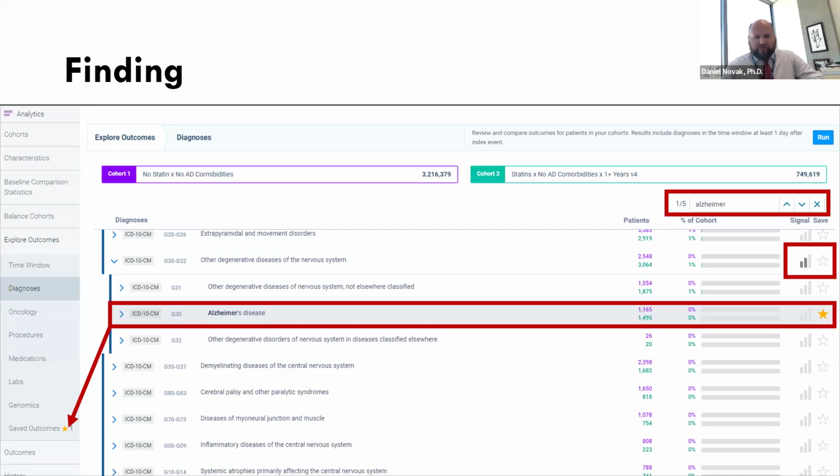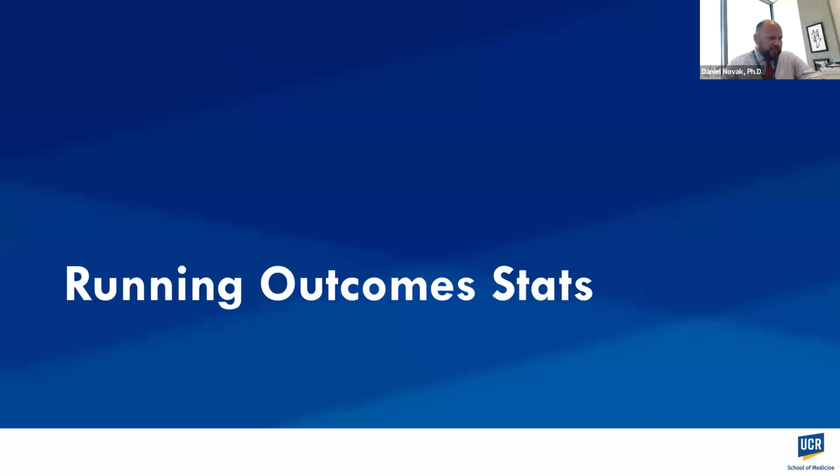By using this compare outcomes tool, you can star a bunch of stuff and add it to your final outcomes analysis later really easily. So that's your explore cohorts tool, and that will allow you to see what's going on in there, exploring your outcomes really easily.